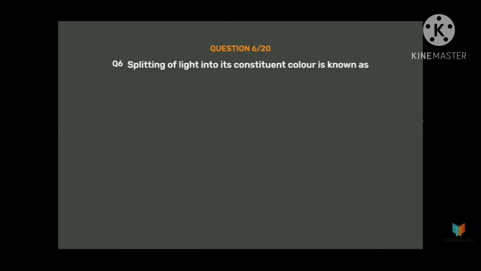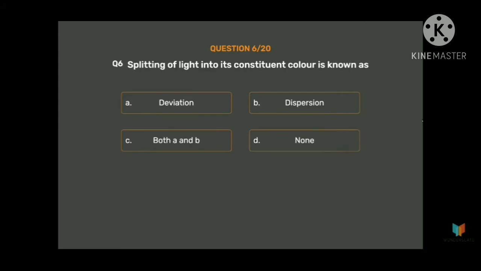Question number 6. Splitting of light into its constituent color is known as option A, deviation, option B, dispersion, option C, both A and B, option D, none. The correct answer is option B, dispersion.